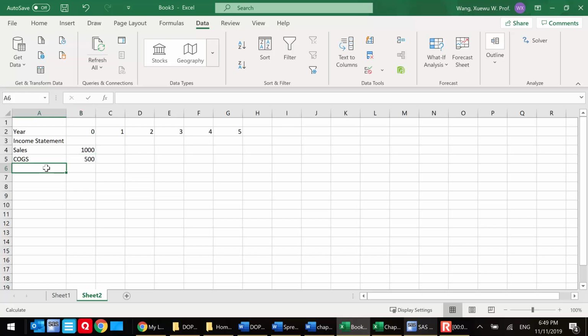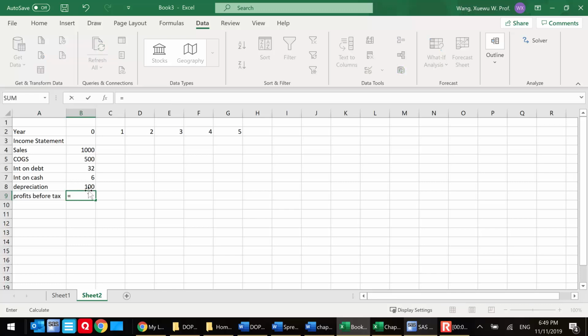And we have interest on debt, so this actually is 32, and you have interest on cash, and this is actually 6. And then you have the depreciation. This is annual depreciation. This is 100.